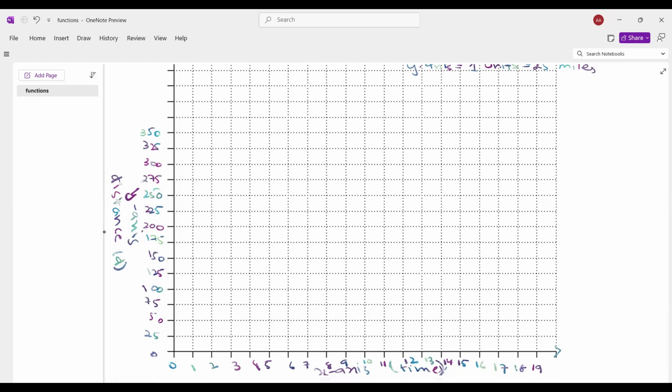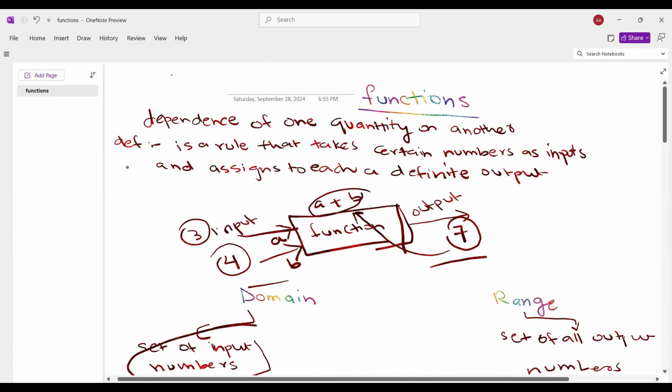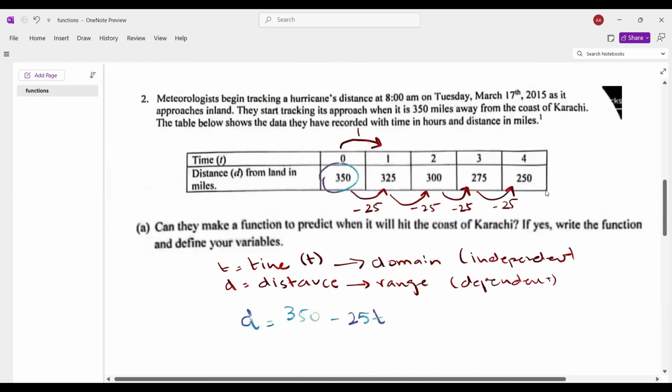Now let's try plotting our values. At the 0th hour, the distance was 350 miles from the coast. Then at 1 hour after 8 a.m., the distance was 325, and it kept decreasing by 25 every hour.